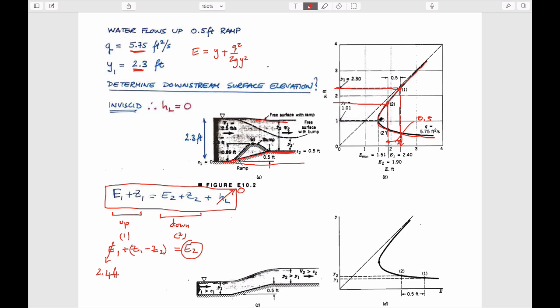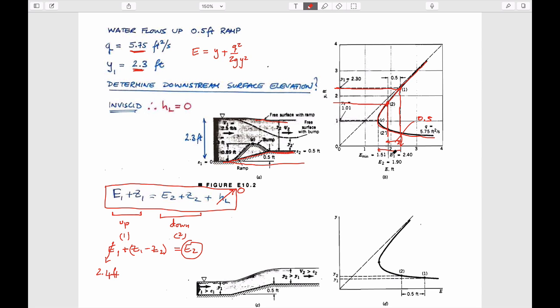And so the question is, how do we get to be a very shallow flow downstream? The only way we can do it is if we have a bump in the ground that takes us up from 2.4 feet all the way to this magnitude here, which at this nose turns out to be 1.51.